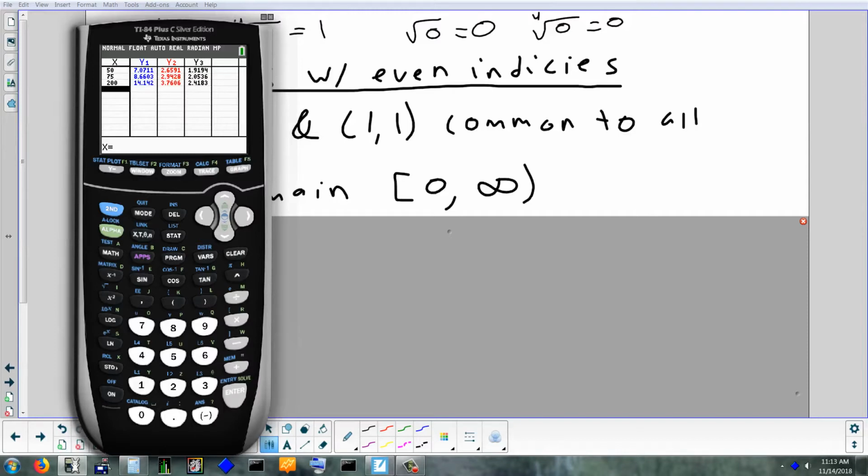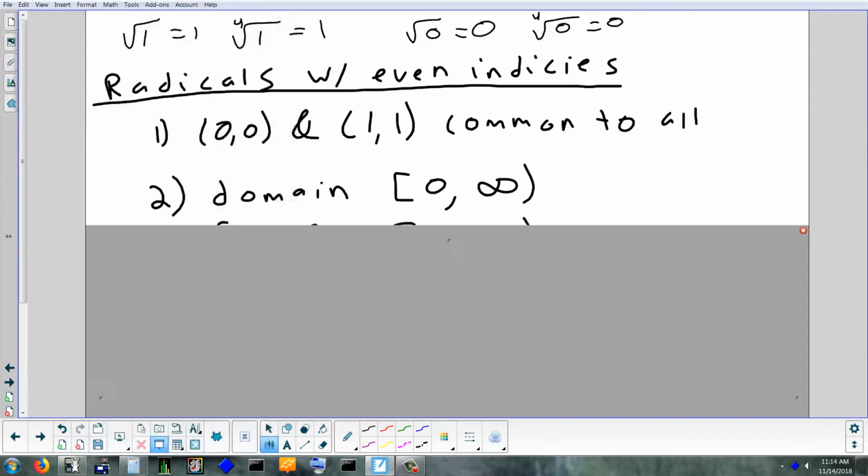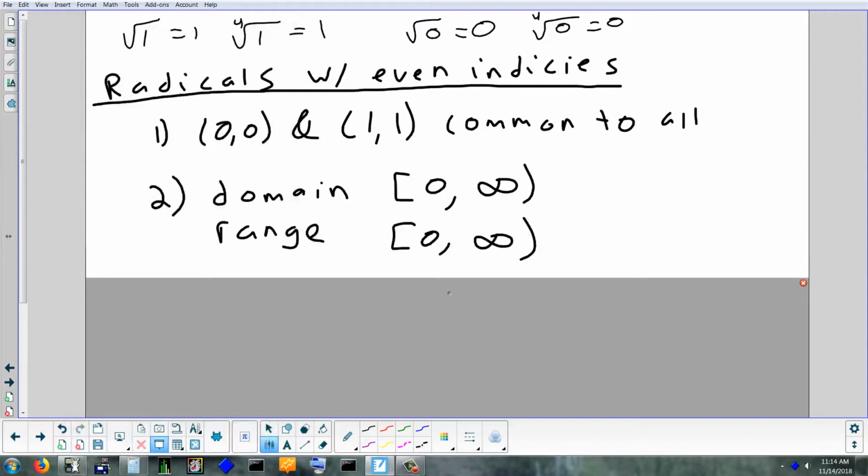It's not getting bigger fast, but it's never stopping. It's not like all of a sudden it's getting close to 2.999999999 and not going above that. It just keeps growing. So it goes up forever, but it doesn't go down forever. So the range is 0 to infinity.